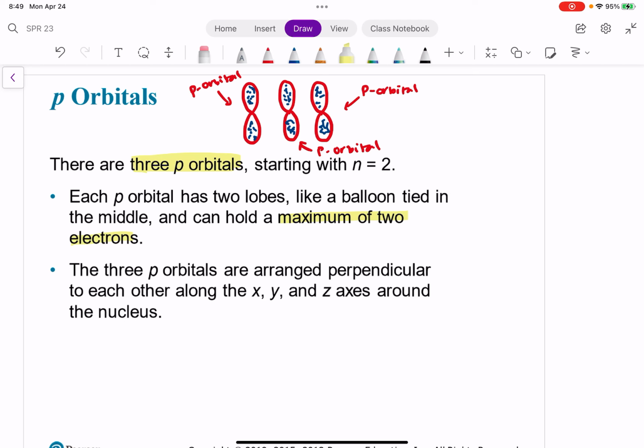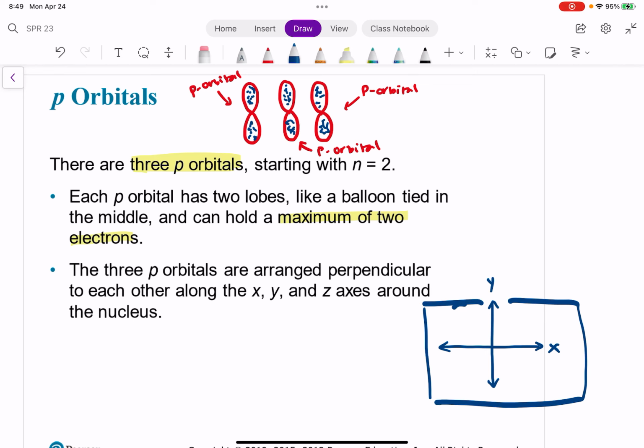All right, and then the 3 p orbitals are arranged perpendicular to each other along the x, y, and z axes. So remember, you can draw it like this. Here's your y. I'm drawing it the way that we're used to seeing it, where we've got the x and y in the plane of the paper, the XY plane.